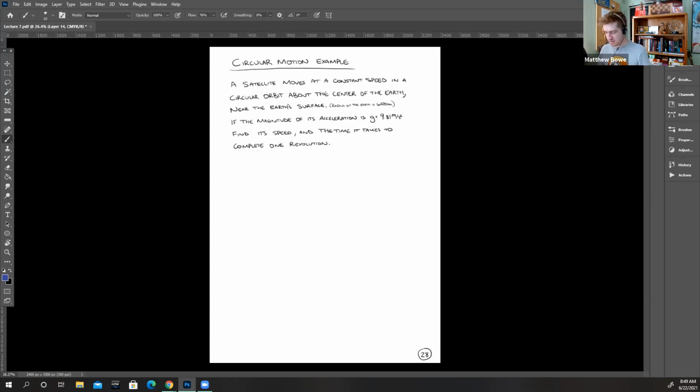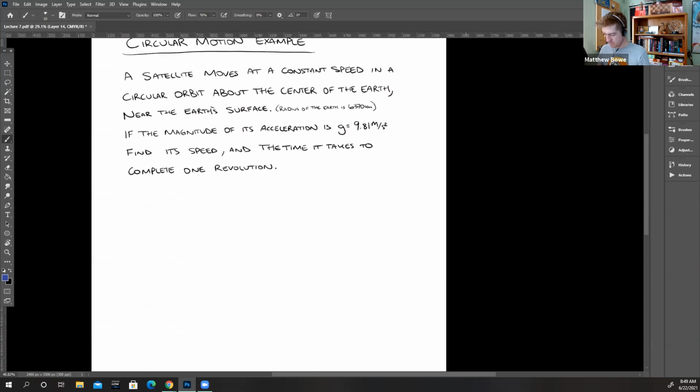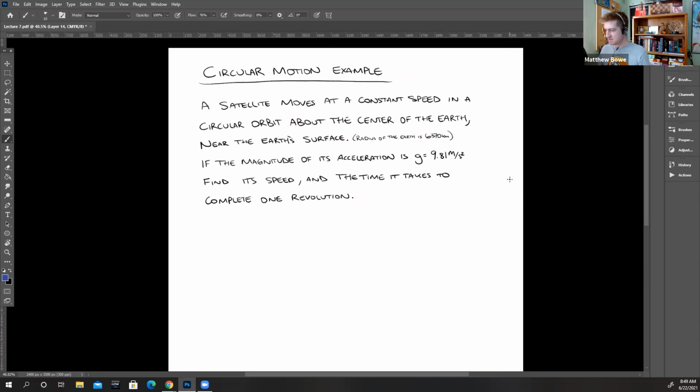So a satellite moves at a constant speed in a circular orbit around the Earth. And we're going to actually assume that it's near the Earth's surface.